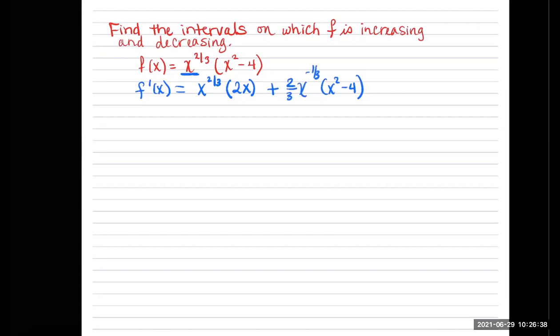And so in the last chapter, when we were just finding the derivatives, we often just stopped there. But now we are going to have to use that function to do something. So we're going to have to simplify it. So I'm going to rewrite it. If I have x to the 2/3 times x to the first, that would be x to the what power?